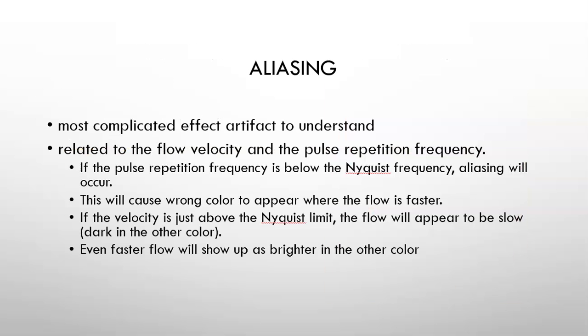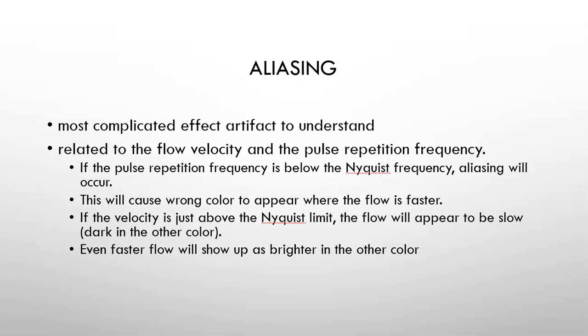The last artifact that we're going to touch on here is aliasing, and this is the most complicated effect to understand. This is related to flow velocity and the pulse repetition frequency. Essentially, if the pulse repetition frequency is below the Nyquist limit, then aliasing occurs.